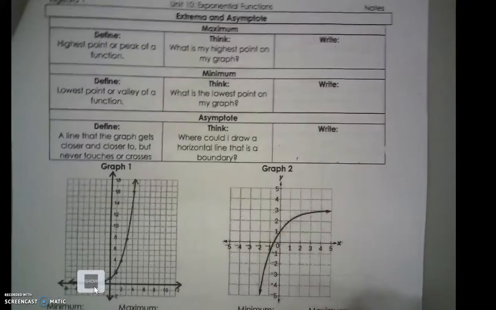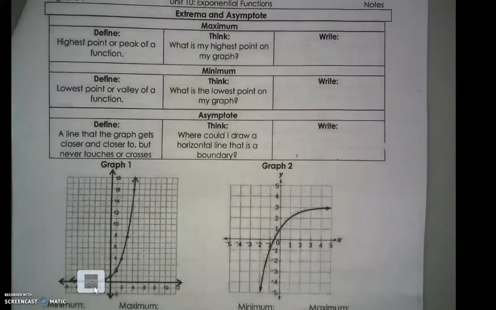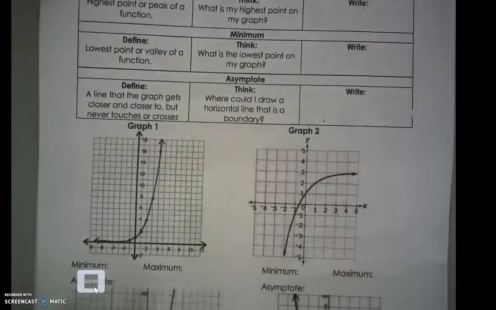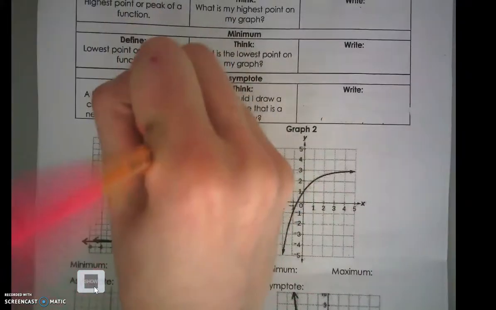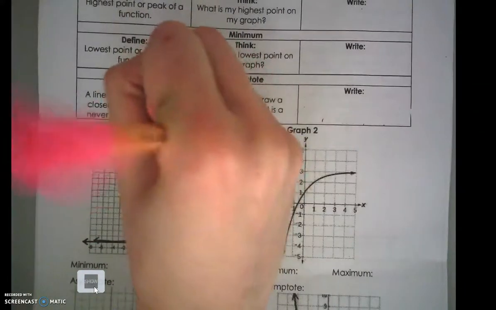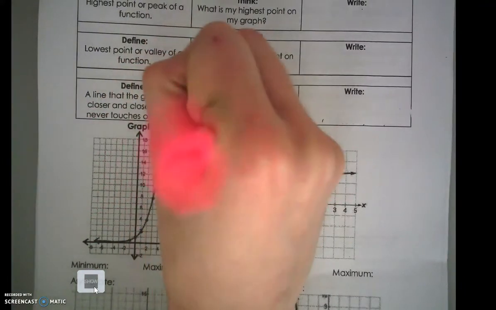Maximums and minimums. There is not truly a max or a min. There's not truly a maximum because this arrow, I don't know where it ends. I don't have a maximum point. This is infinities, which cannot be a maximum.